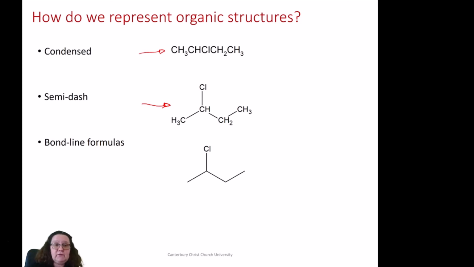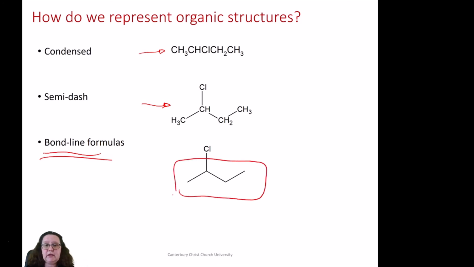Or finally, a very, very common way of representing it, and the way you will find it both in papers and in chemistry books, the bond line formulas, in which you only show atoms that are not carbon and hydrogens. As you can see, the skeletal form, the carbon backbone, is completely implicit. You don't have any carbons or any hydrogens, just the lines that represent those carbons and hydrogens. And the only atom that has survived is the chlorine, because it's not a carbon or a hydrogen.